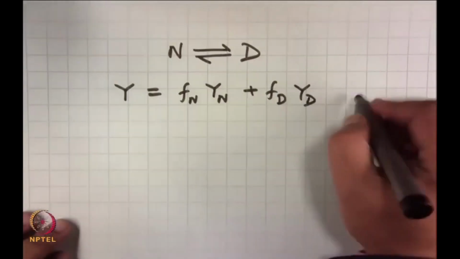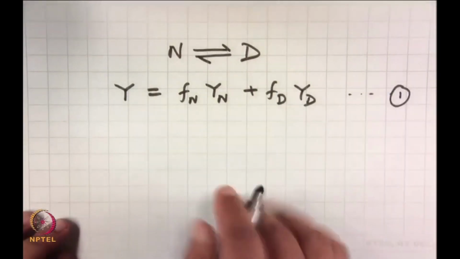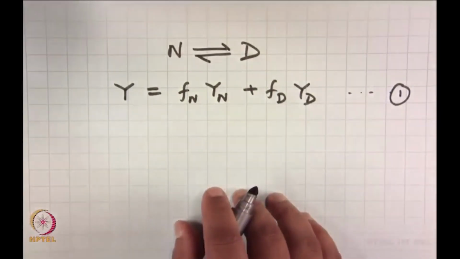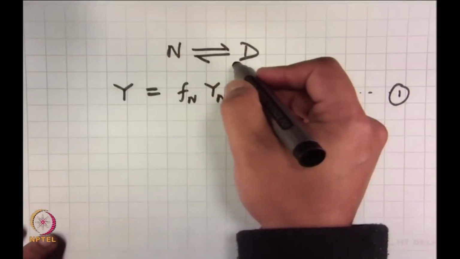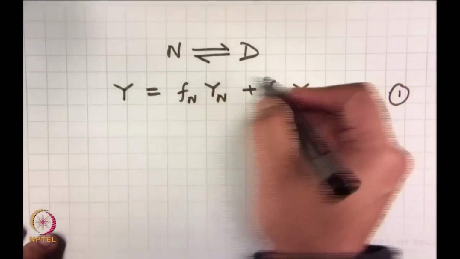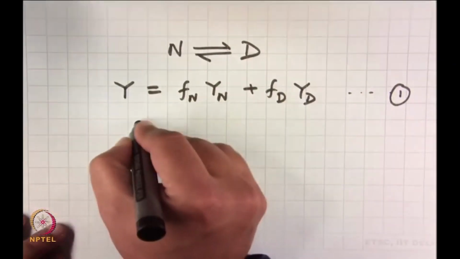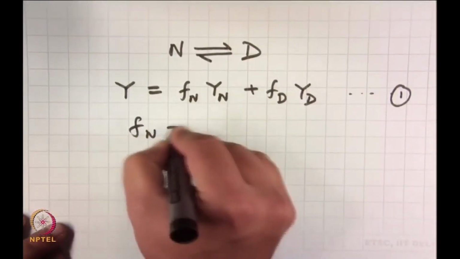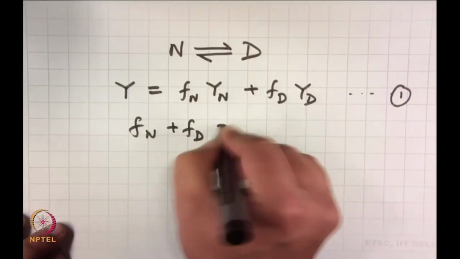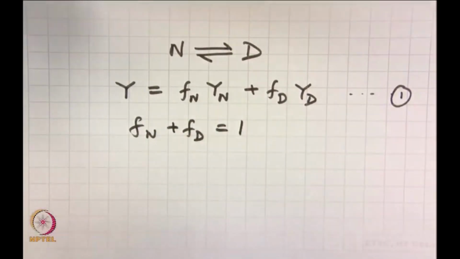Now, there is one more thing. Based on the way we have written n going to d, that is the native state of the protein going to the denatured state, I can also write f of n plus f of d is equal to what? 1, right, because these are the only 2 species present.